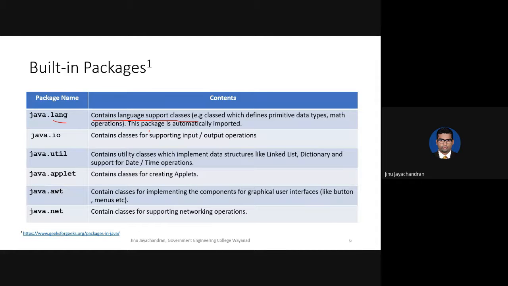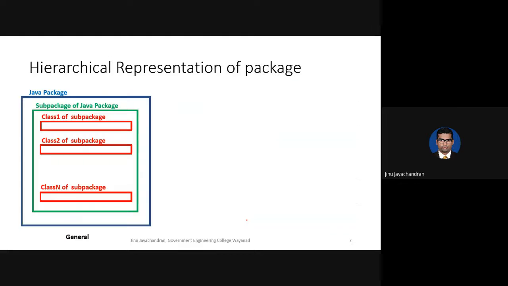IO is for input output operations. Util is for things like data structures. Applet, you might have seen web applets where you can do animations in your browser. AWT is for GUI, graphical user interface. Net is for networking operations. So these are some of the packages.